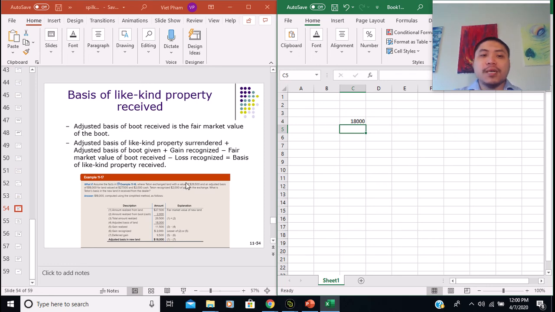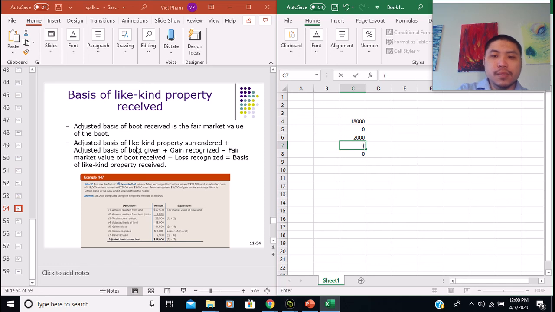So here we have 0. Then gain recognized, which we know is $2,000, and subtract the fair market value of boot received, which is $2,000, and then subtract any loss recognized, which is 0.